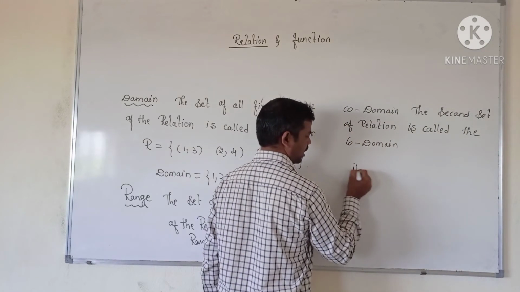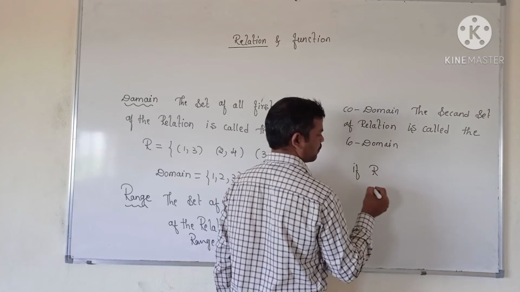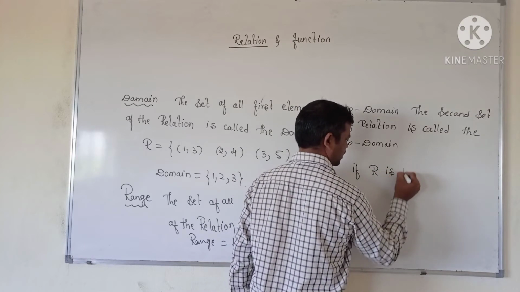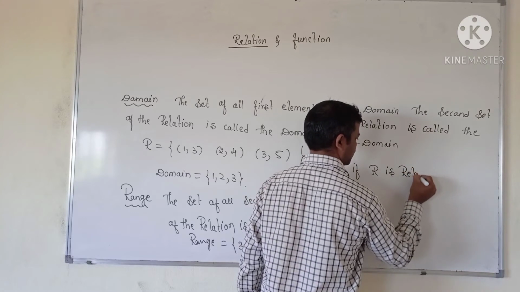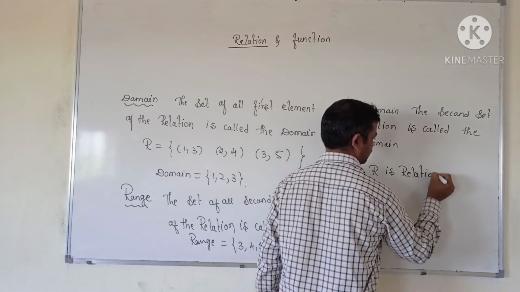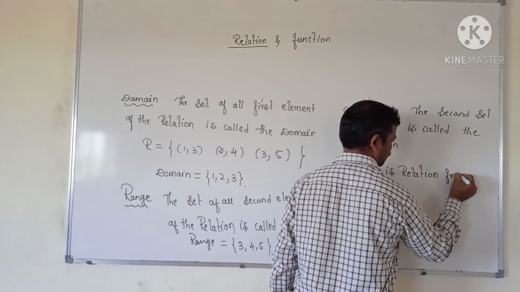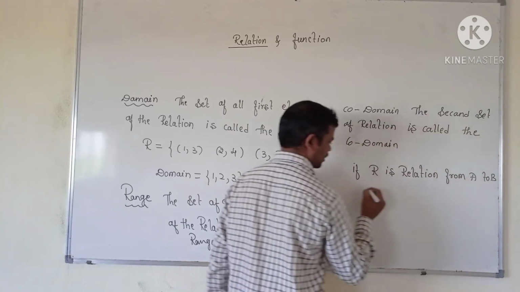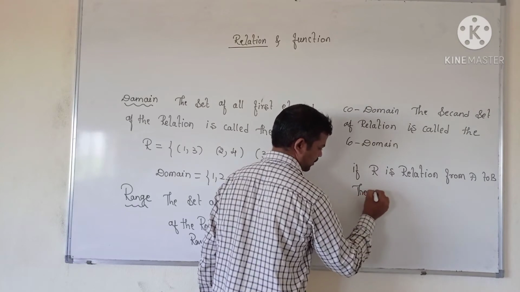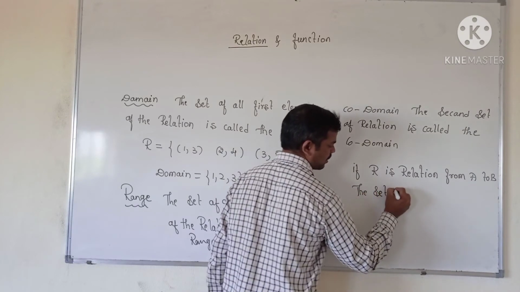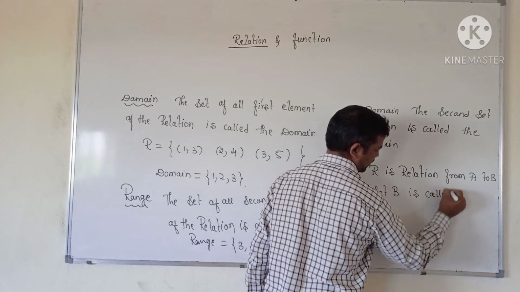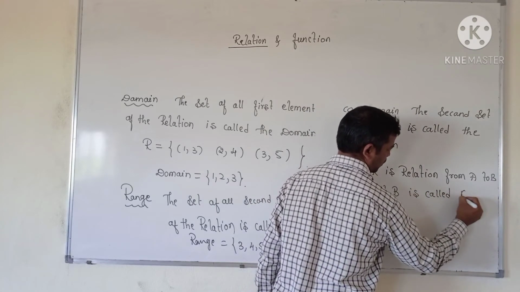If R is a relation from A to B, here the set B is called the codomain.